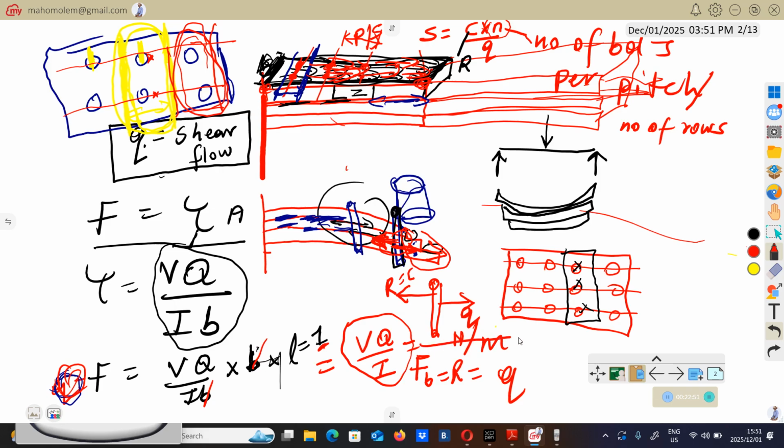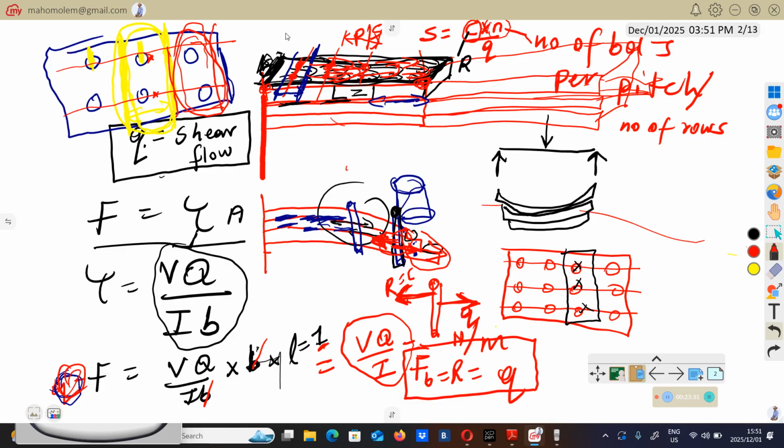So in order to have the balance, this force, which is that shear flow, must be equal to this force, meaning that as the bending occurs, there will be a horizontal force generated. Then to prevent that sliding, this bolt must apply the same force in opposite direction. So now this C that you see here is the reaction force by one bolt.